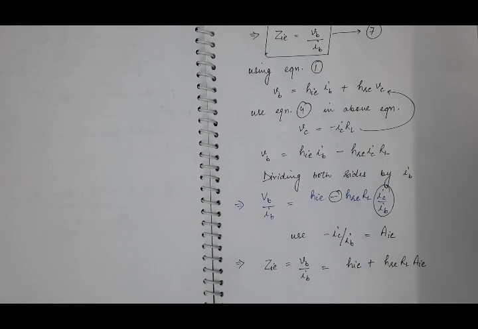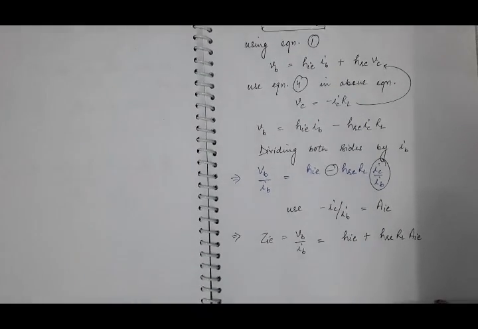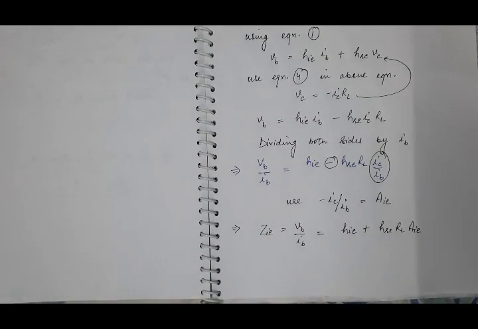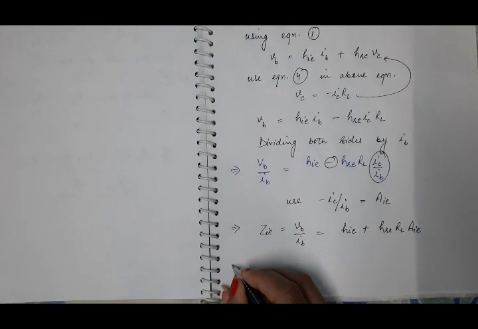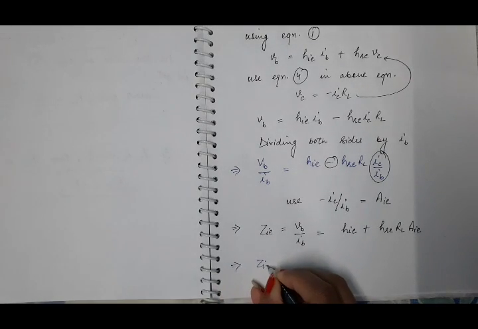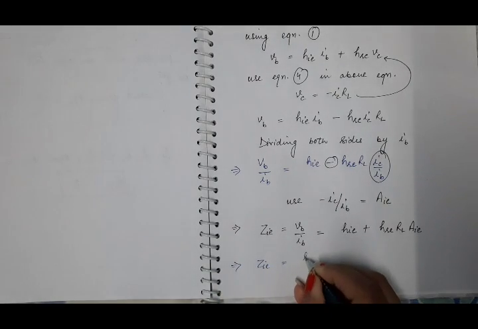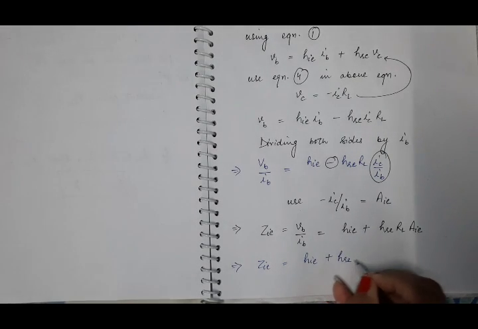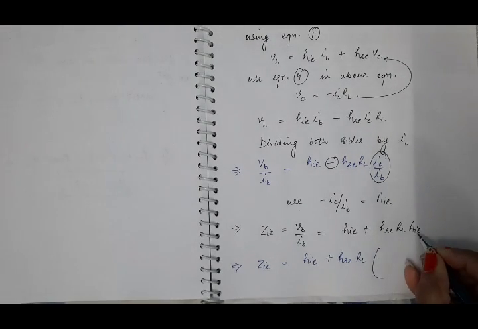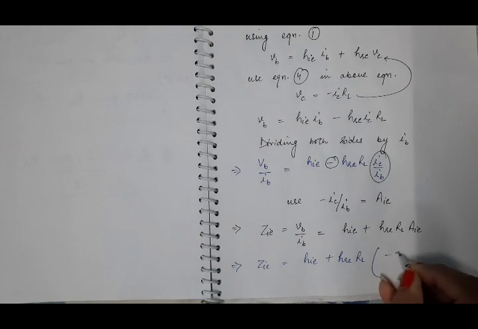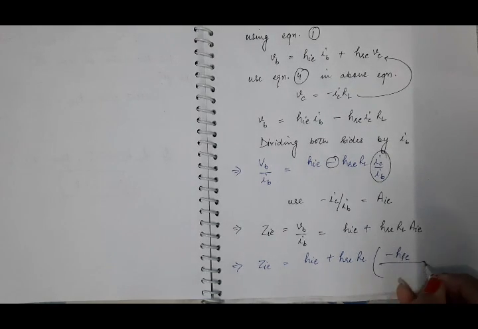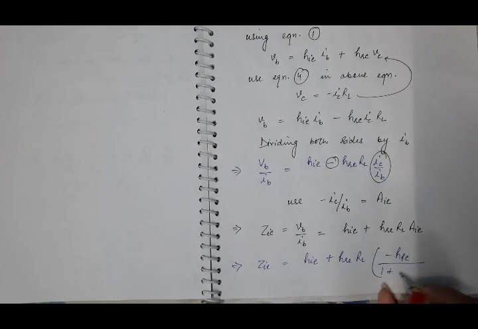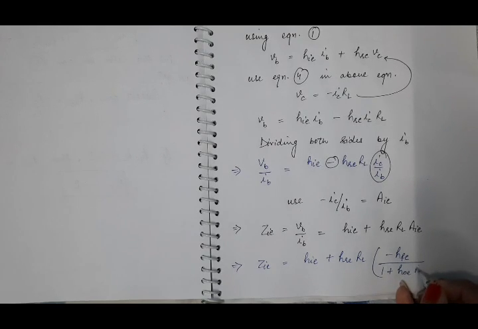Now put the value of AIE that we have derived in the first part. So the expression for ZIE is equal to HIE plus HRE RL into the expression of AIE, which is minus HFE divided by 1 plus HOE RL.